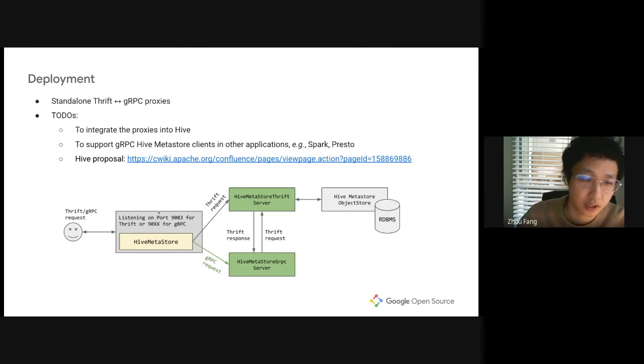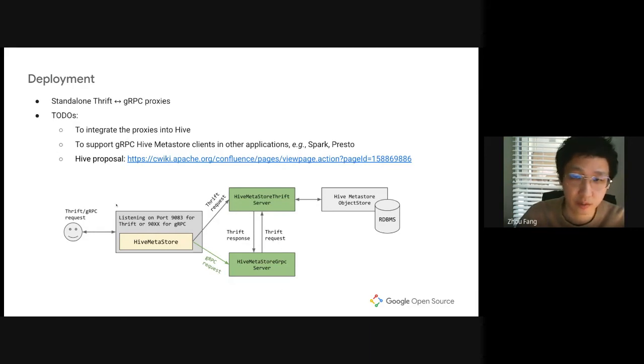And the front-end server here will route all requests to, actually, the proxy. And the proxy will translate it to Thrift and give the Thrift request to the original Thrift server. So in this approach, we pushed the proxy into Hive Metastore, but it's still a proxy.